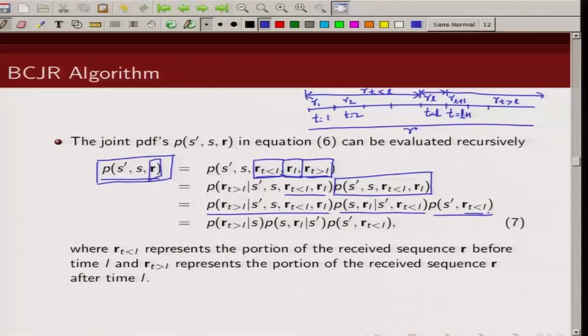Okay. Now, let us look at this. So, probability of R when t is greater than L given initial state S prime, next state S and the received sequence before L and received sequence L. So, let us look at the trellis diagram. Let us go back and look at the trellis diagram at time L. Let us take this example of a 2 state code.